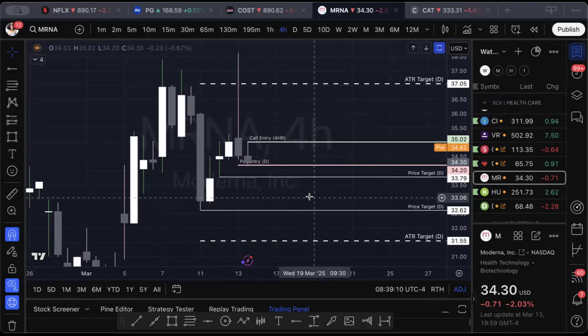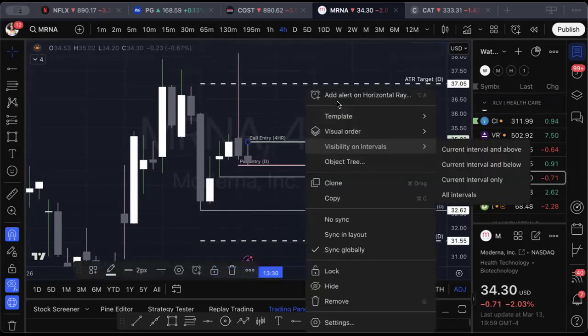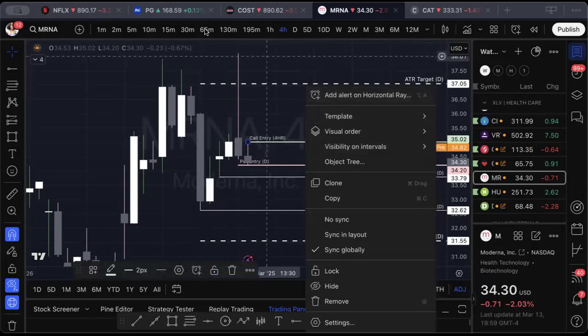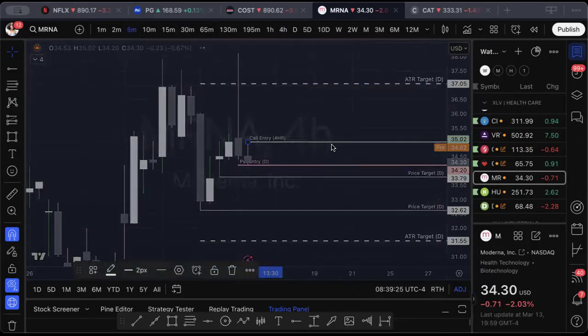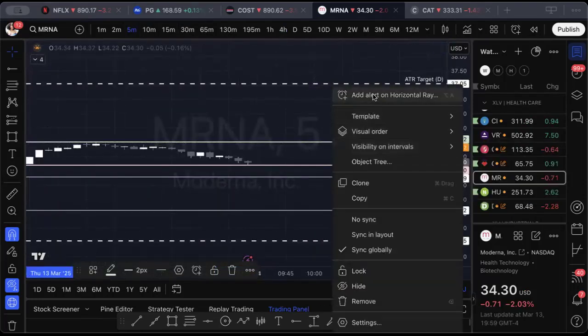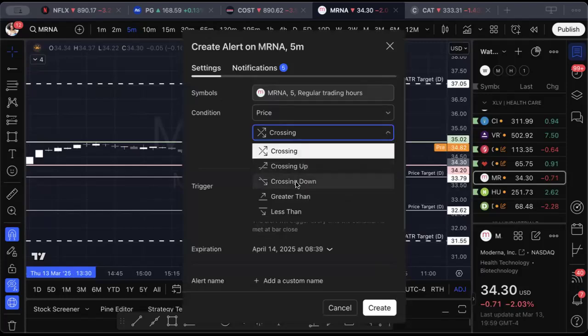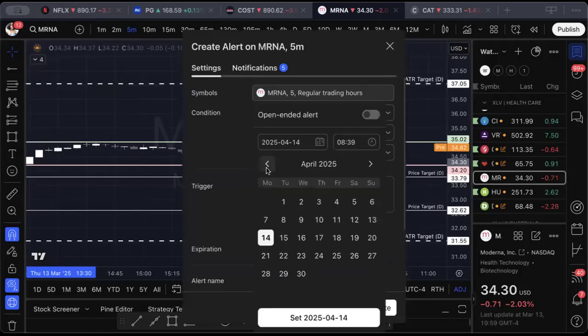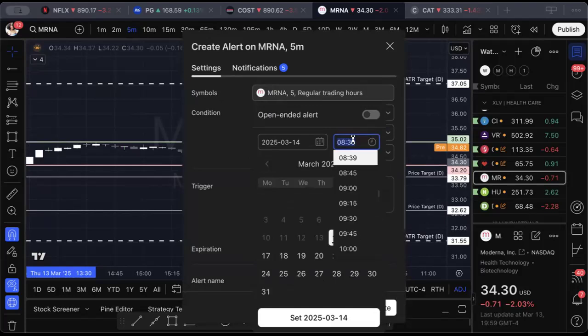All right, so for Moderna, we're looking at anything in the money, and let's just play it safe and say 36. It's super cheap. So in the money to 36, although it can get all the way up there to 37, it's a 0 day. So you want to be in the money as soon as possible. You don't want to go the full extent of the ATR on a Friday because theta is going to kick up. Okay. And let's go ahead and put the alert on it.